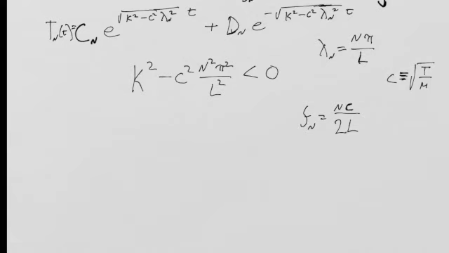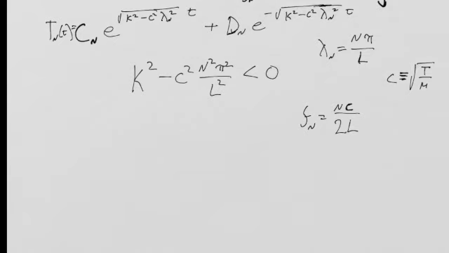If this condition isn't met, then the string will not oscillate. So we can decide, okay, I want to know the answer under all circumstances, whether it oscillates or doesn't oscillate. Or we can just say, let's assume that this condition is always met and only look for things that oscillate, because in our guitar, we think all the modes oscillate. Or not.